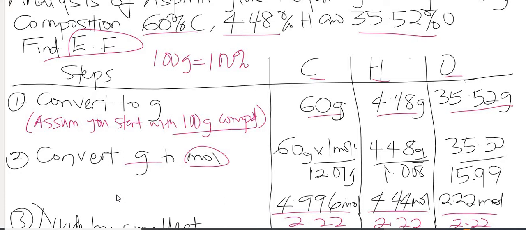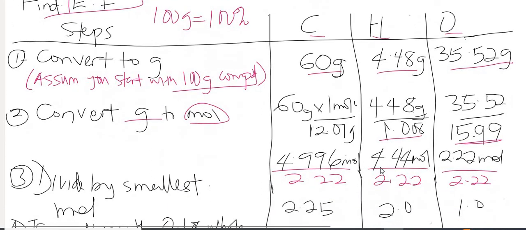Then hydrogen is 4.48 divided by the mass of hydrogen from the periodic table, and oxygen respectively. So this gives us, for carbon, 4.996 moles, hydrogen 4.44 moles, and oxygen 2.22 moles.